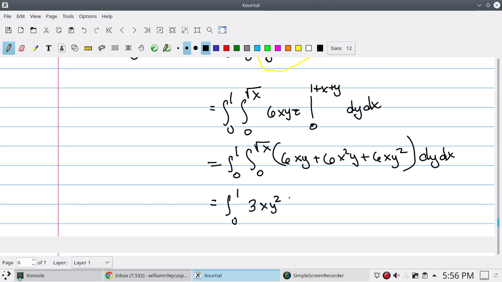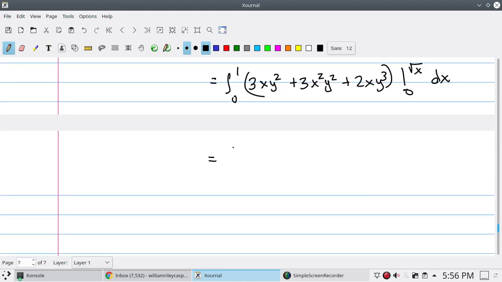3xy squared plus 3x squared y squared plus 2xy cubed. And this is evaluated from 0 to the square root of x, dx.